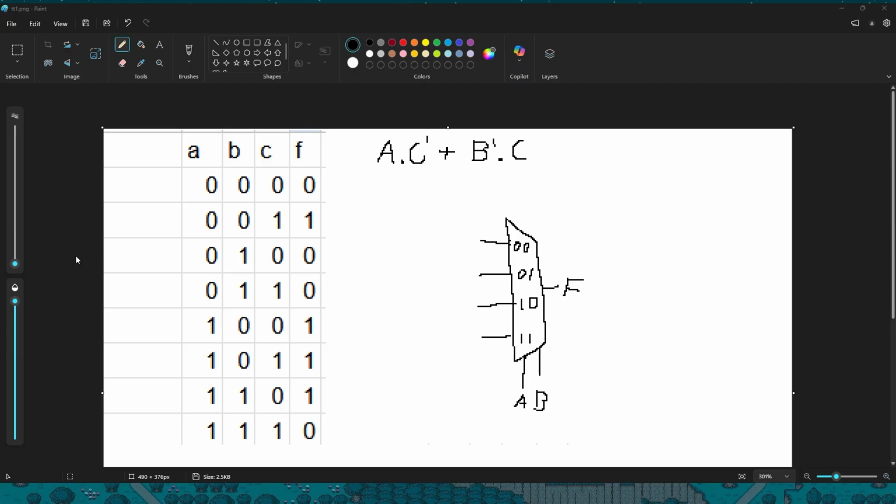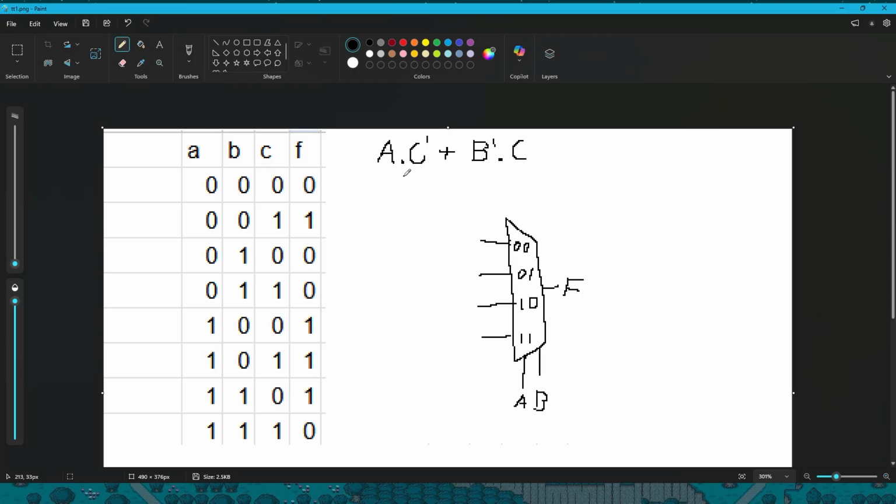Next, what I want to implement is A and C prime, or B prime and C. So here I already have the outputs made, but it's pretty simple to just get on your own. So if we have A and C prime, we already disregard all of this up here because it's only going to be when A is on.